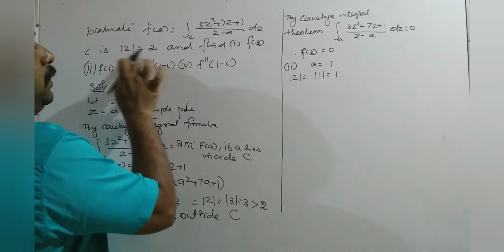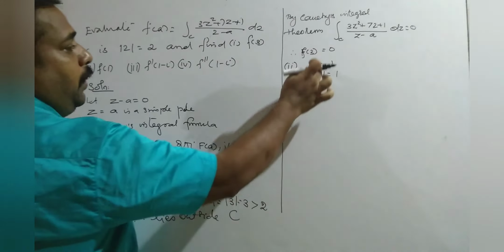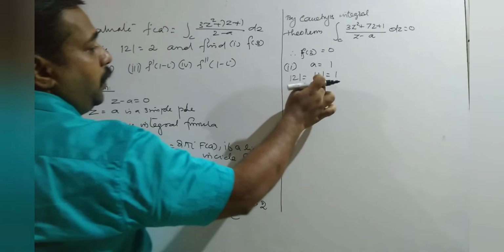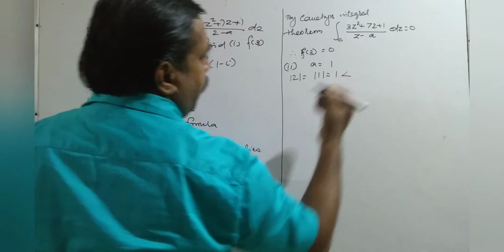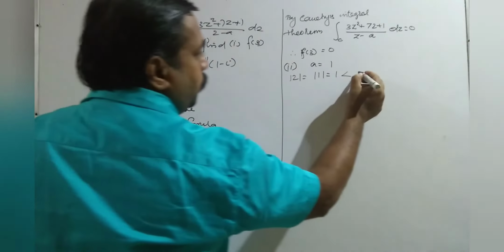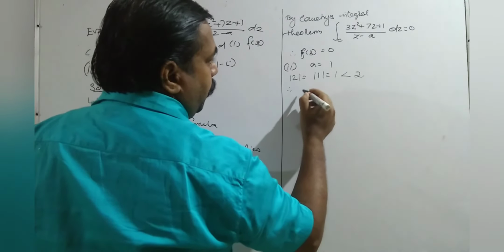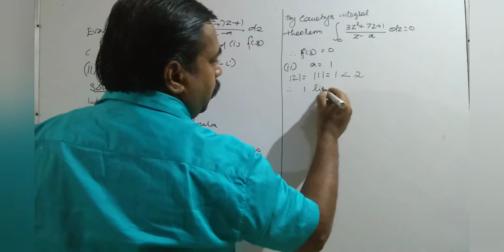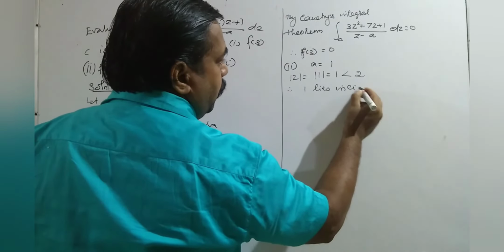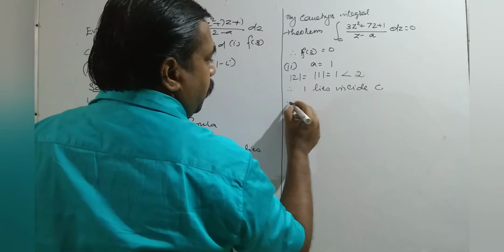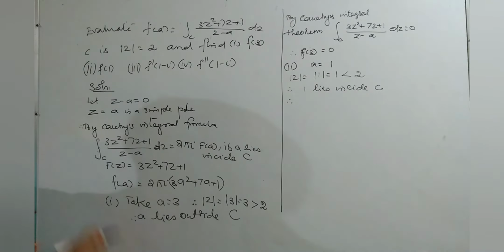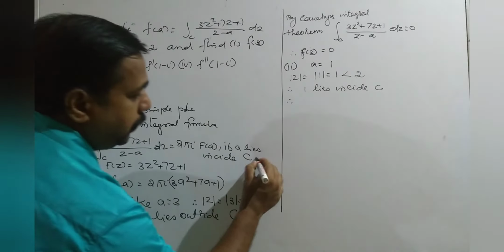That is C. C is mod z. So in that we substitute the point, which is equal to 1. This is less than our given value 2. Therefore 1 lies inside C.